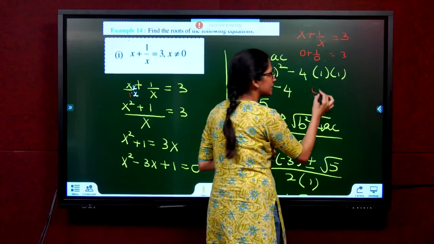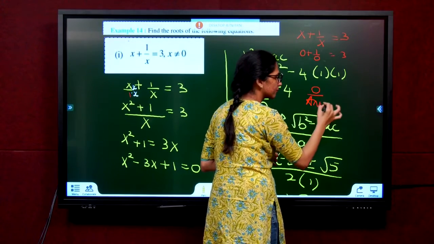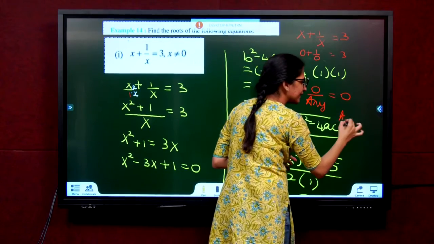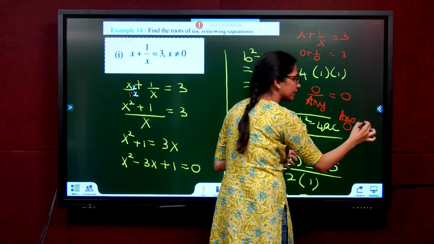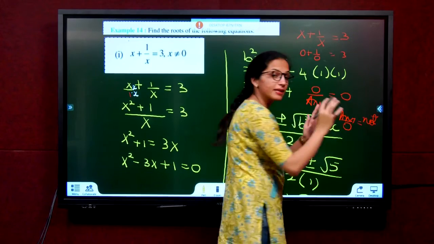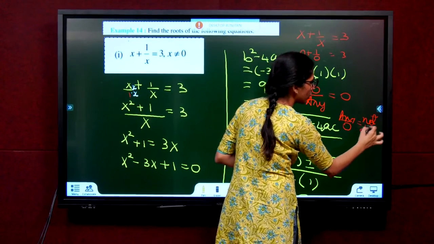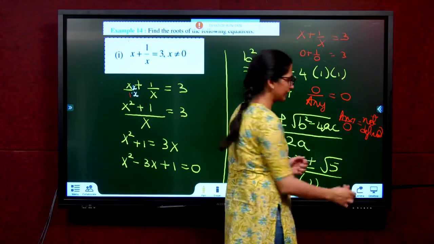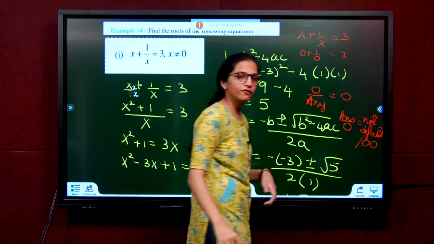Please note 0 by anything is 0, but anything by 0 is not defined. That means it does not exist, or in some cases you can even say infinity, not defined or infinity.